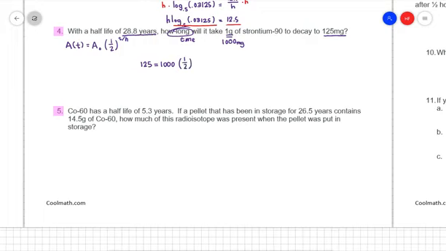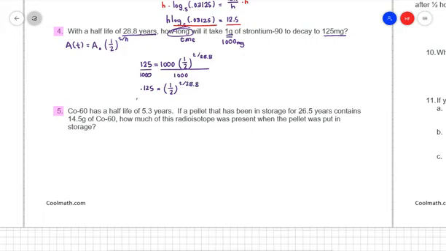One half to the power of t over the half-life of 28.8. So I'm going to divide by 1,000 first, so I can get the exponential by itself. 0.125 is equal to 1 half to the power of t over 28.8.